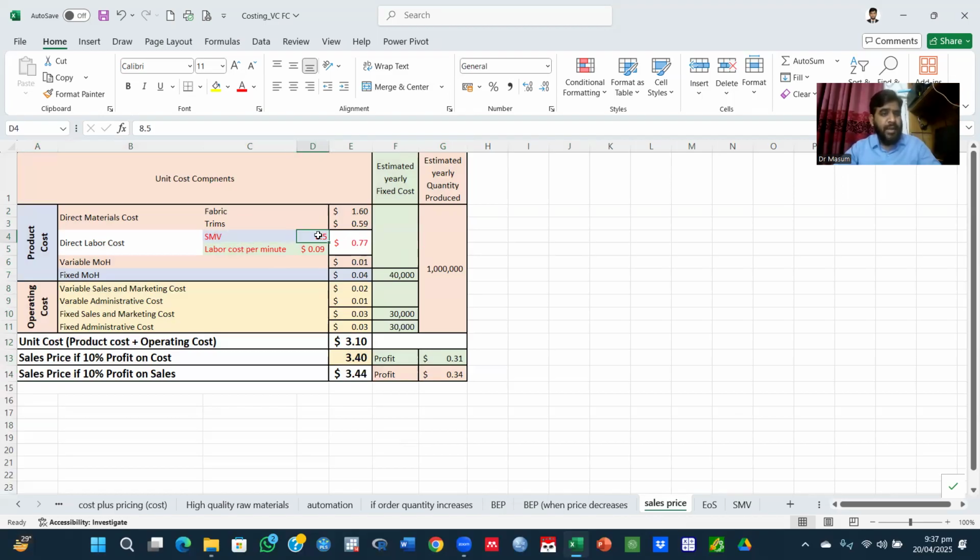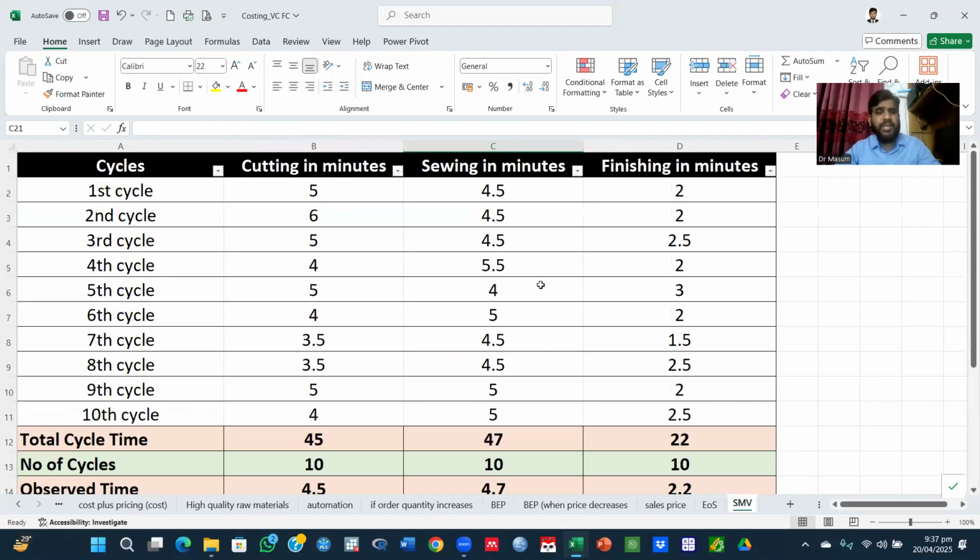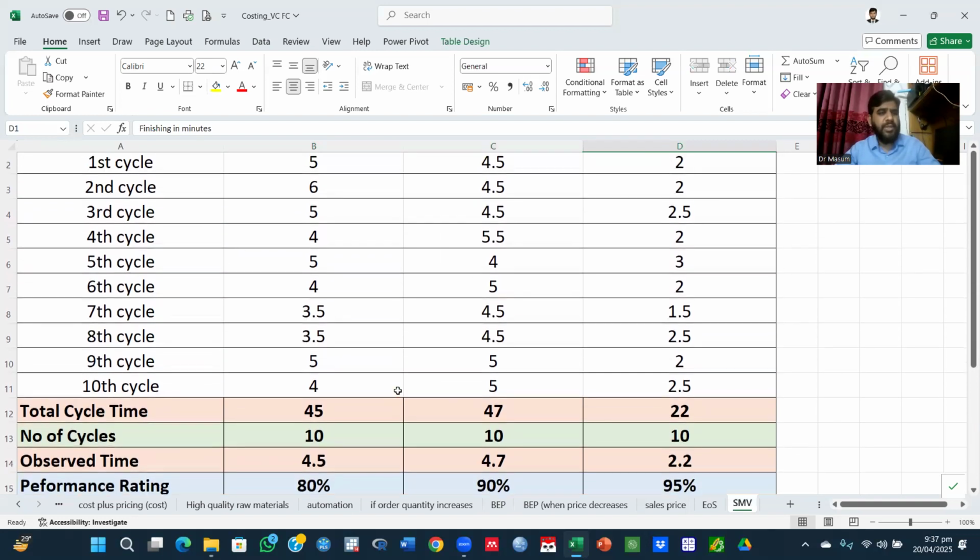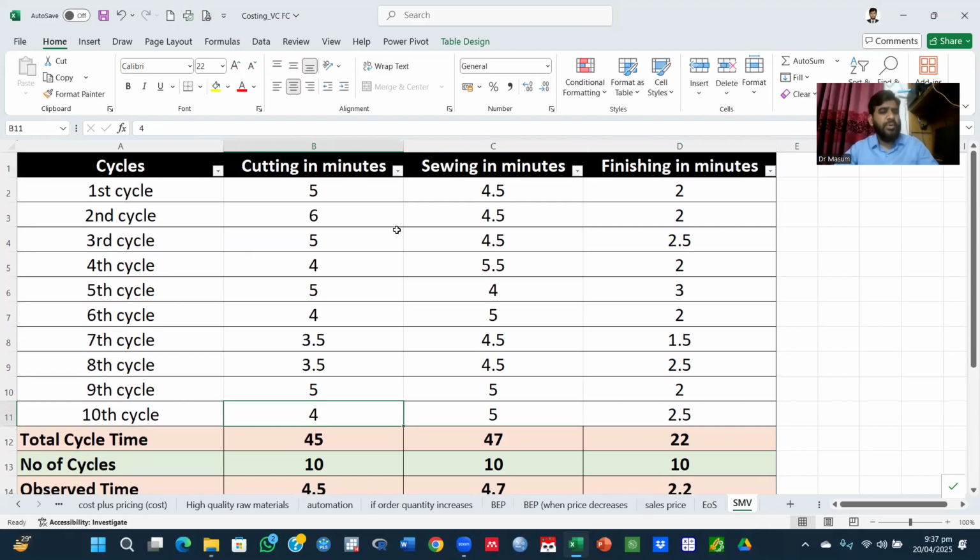So SMB is 8.5. How to calculate SMB? As we have shown you before, for example, here you are going to calculate the SMB for 3 operations: cutting, sewing, and finishing. Altogether, you can do that. To know the standard time of cutting a product, you will choose an operator.